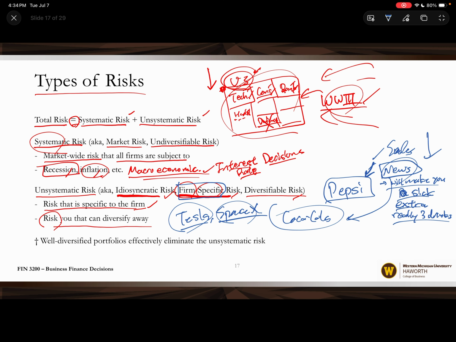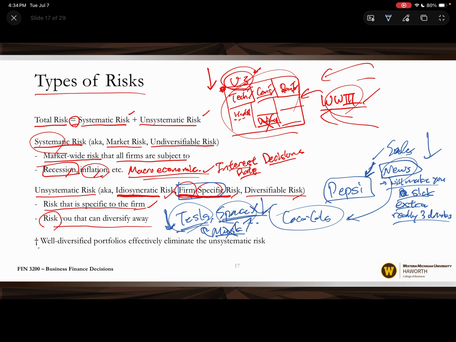Then I would expect the share prices to drop significantly because he's the visionary, smart guy, and a leader in the firms, right? And people are betting on Musk too, not just the companies. So that's an example of an unsystematic risk.